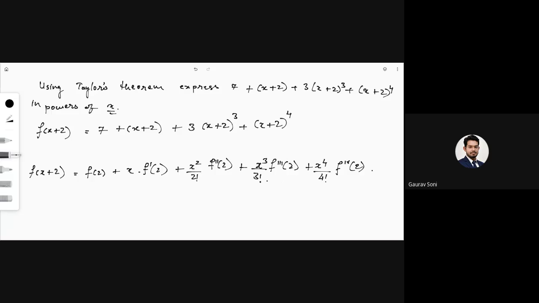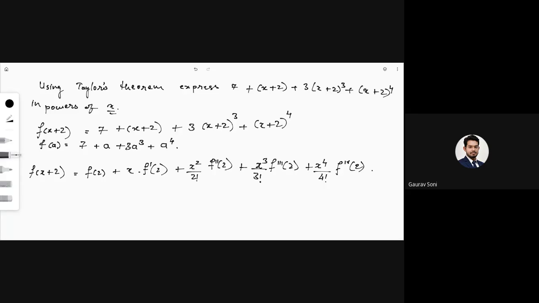So f of x plus 2 can be written like this. Don't get confused. What is your f of a, for example? 7 plus a plus 3a cube plus a raised to 4. Am I right? Yes, sir. Now you can do your calculations on this.